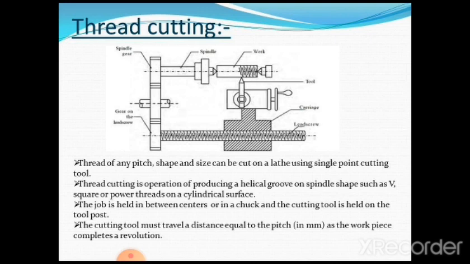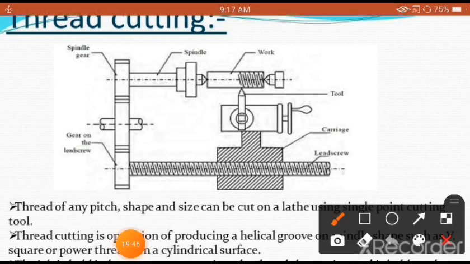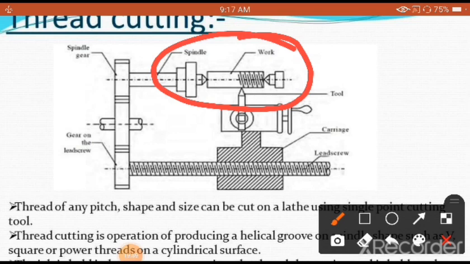Where we have shown a few important elements. Now you are going to see very clearly, this is nothing but your workpiece, which is being held between the two centers, that is the headstock center and the tailstock center.